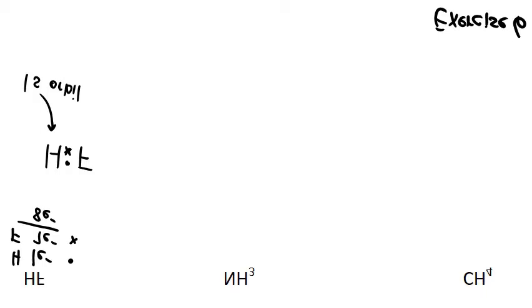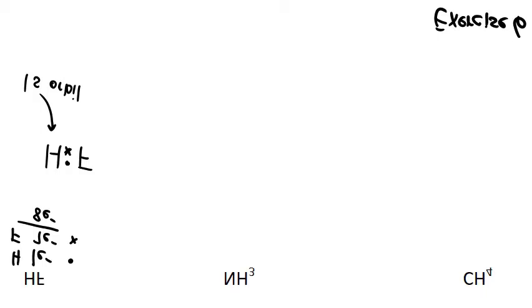We're going to start out first with a bond, which is an overlap of orbitals between hydrogen and fluorine. It's going to take 1 electron from hydrogen and 1 electron from fluorine to make that bond. When that happens, I've used 2 electrons of my 8 total. I've got 6 left to go.